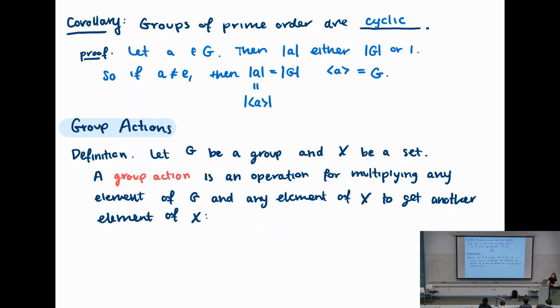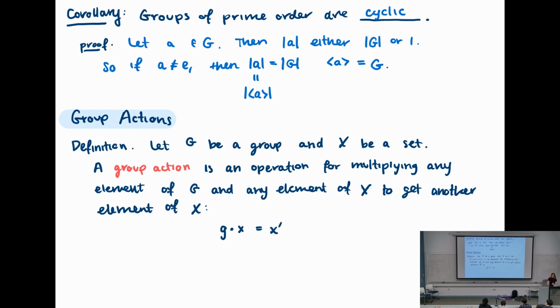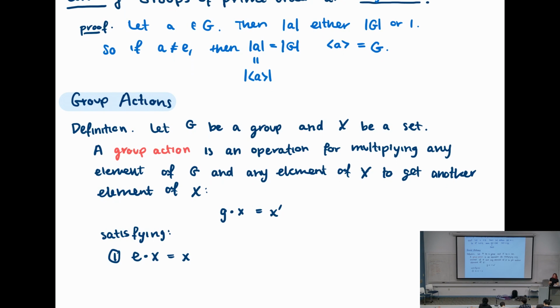Let's say we have a little g that came from the group G, and we want to know what does this do to x. It's going to give me some other x prime in X. And it has to satisfy, first, the identity times any element of X has to be just that original element, so the identity doesn't do anything. And second, we're going to ask for associativity.